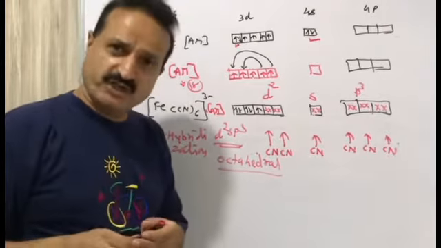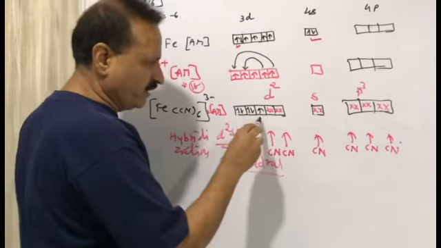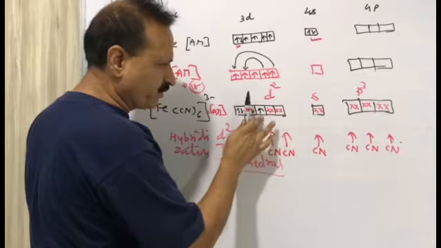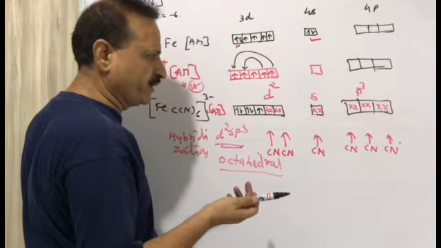Magnetic property is changed because here is one unpaired electron. Clear? So this unpaired electron will change the magnetic property.